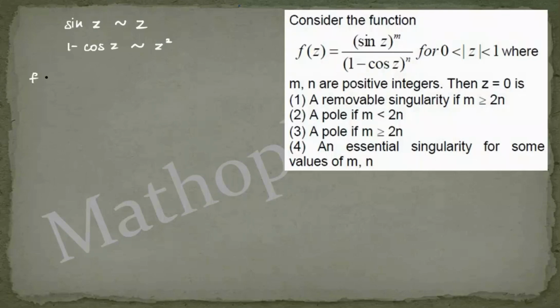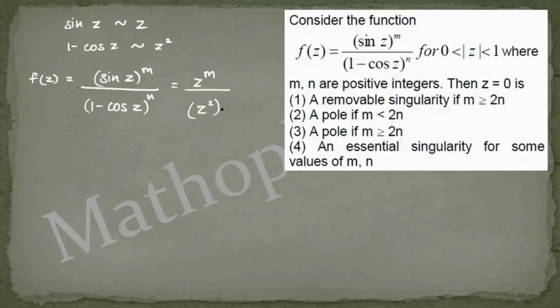So therefore f of z, which is given as sin z bar m by 1 minus cos z bar n, can be taken as z bar m by z square bar n, which is equal to z power m minus 2n.